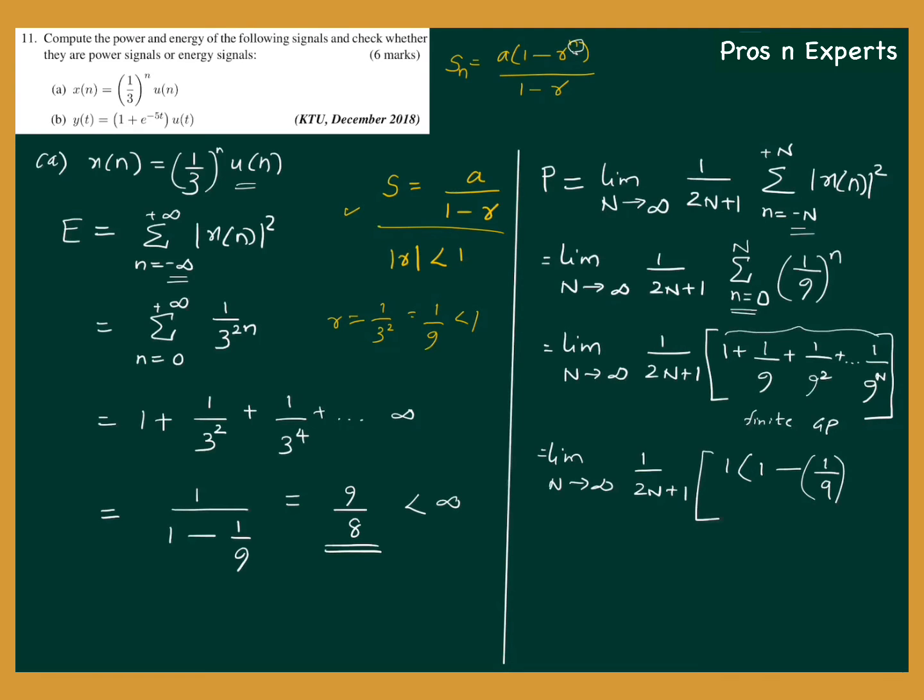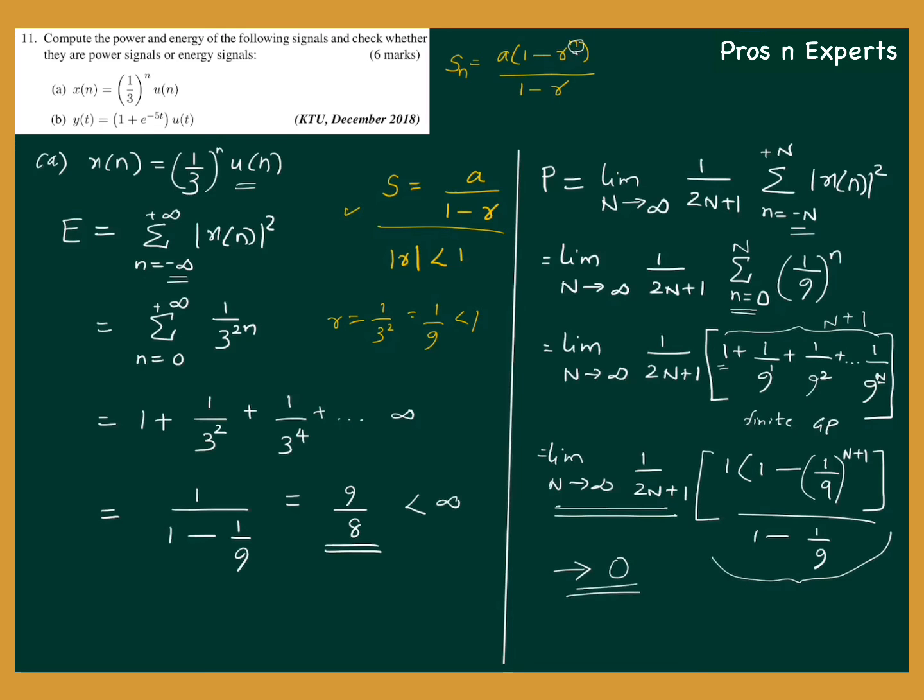We have n plus 1 terms here, because it is starting from here, it is 1, 2, 3, etc. up to n, but there is one more term here, 1 by 9 raised to 0. So n plus 1 terms. So n plus 1 whole divided by 1 minus r, 1 minus 1 by 9. So whatever be this, the answer will be 0, because whatever is in this bracket will be a finite number, but we are taking limit n tends to infinity, and 1 by 2n plus 1 will give you a value tending to 0.